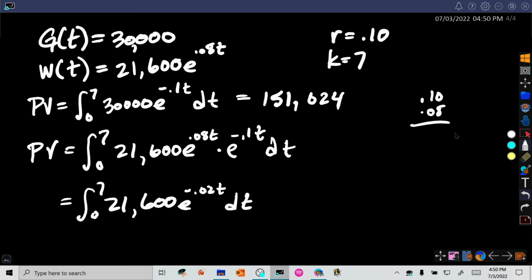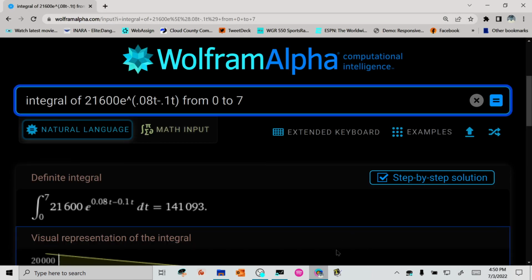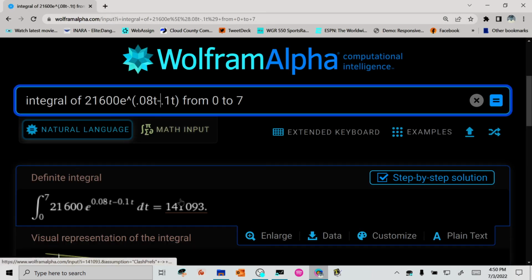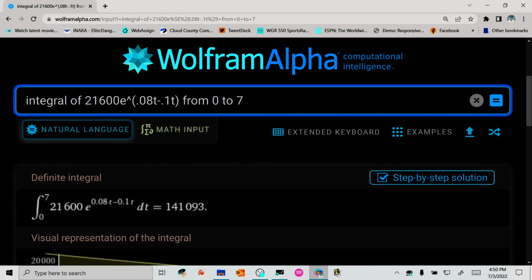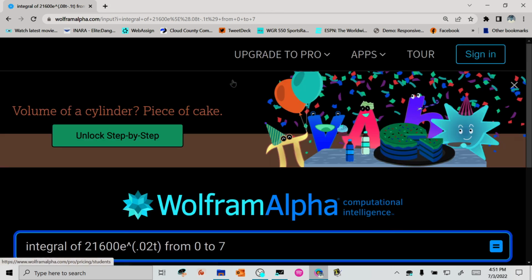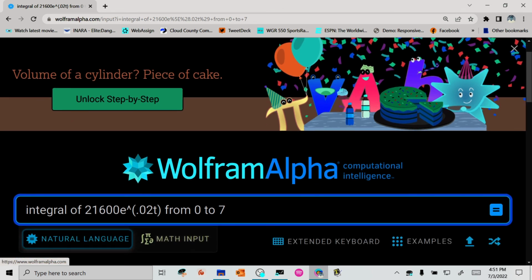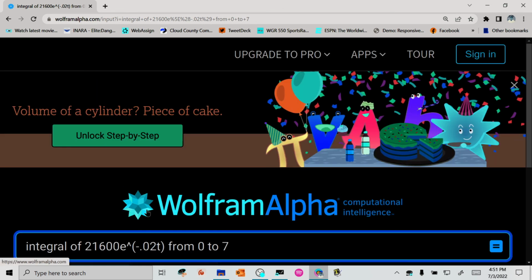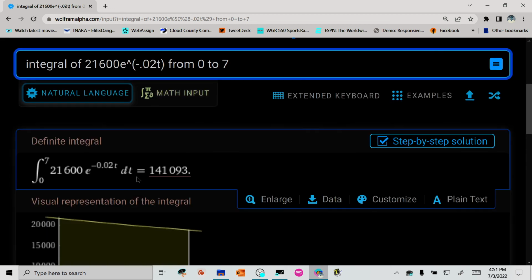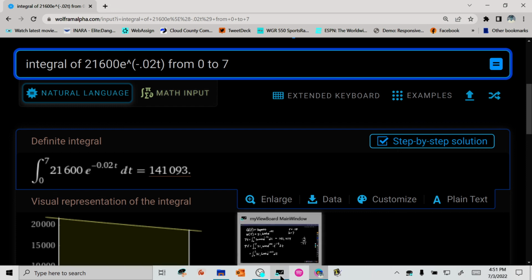There's the decimal. Okay, it's 0.02. This is what I'm concerned about because I got a completely different answer. So if I do 21,600 e, okay, 141,093. Remember that. I guess you don't have to because you can always rewind it. Oh, it's a minus. That's why. Okay, minus right there. There it is. Okay, it is correct. I must have just written it down wrong when I solved it last time.